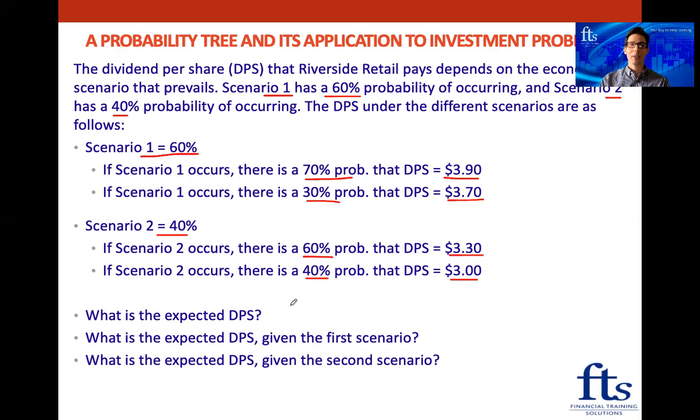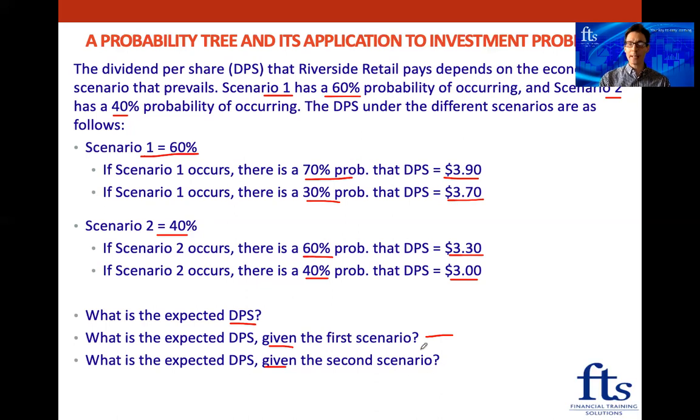So we've got 3 questions to answer. Number 1, what is the expected dividend per share? Number 2, what is the expected dividend per share given the first scenario? This is like a conditional probability. And this one is also a conditional probability: what is the expected dividend per share given the second scenario?